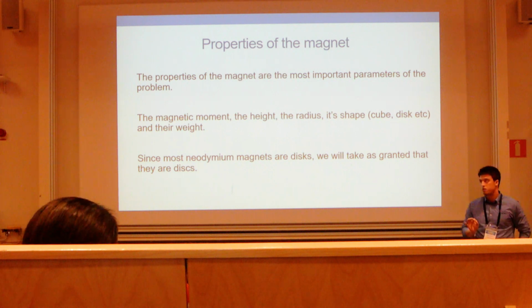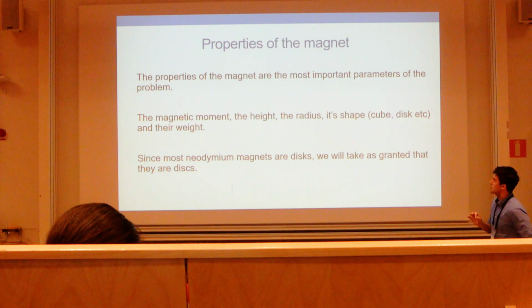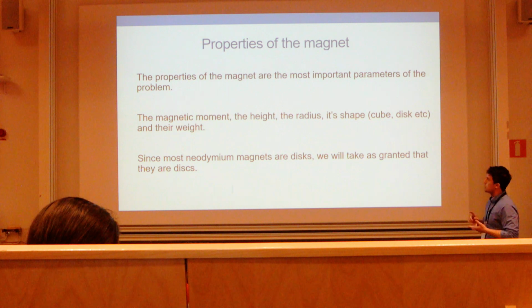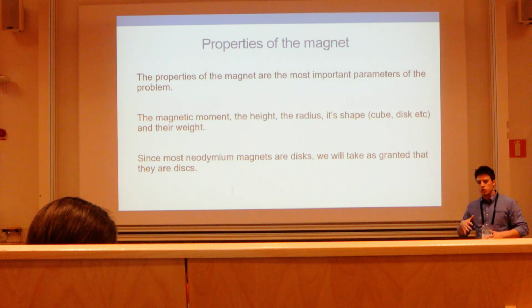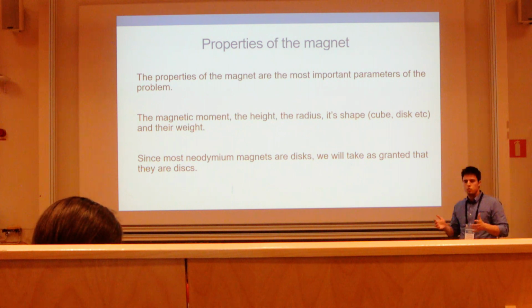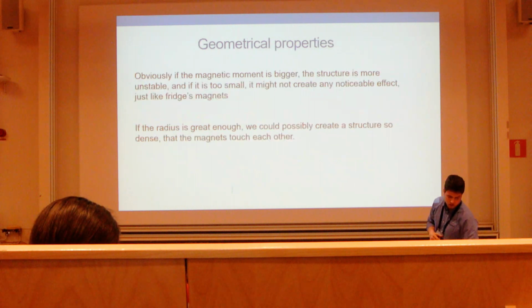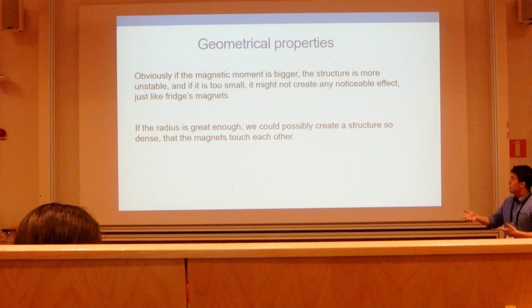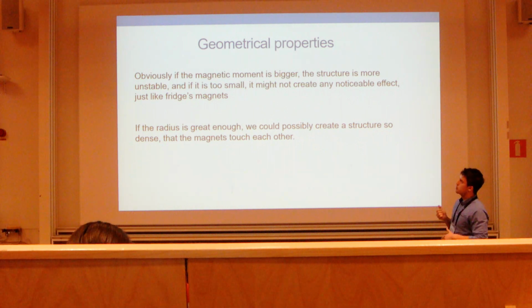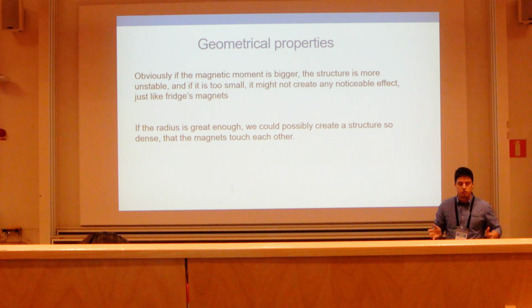And the most important parameters are the properties of the magnet: the magnetic moment, the height, the radius, the shape (cube, disk, or something like that), and the weight. But since most neodymium magnets are disks, we will take it as granted that they are disks. Obviously, if the magnetic moment is bigger, the structure is more stable, and if it's too small, it might not create any noticeable effect.